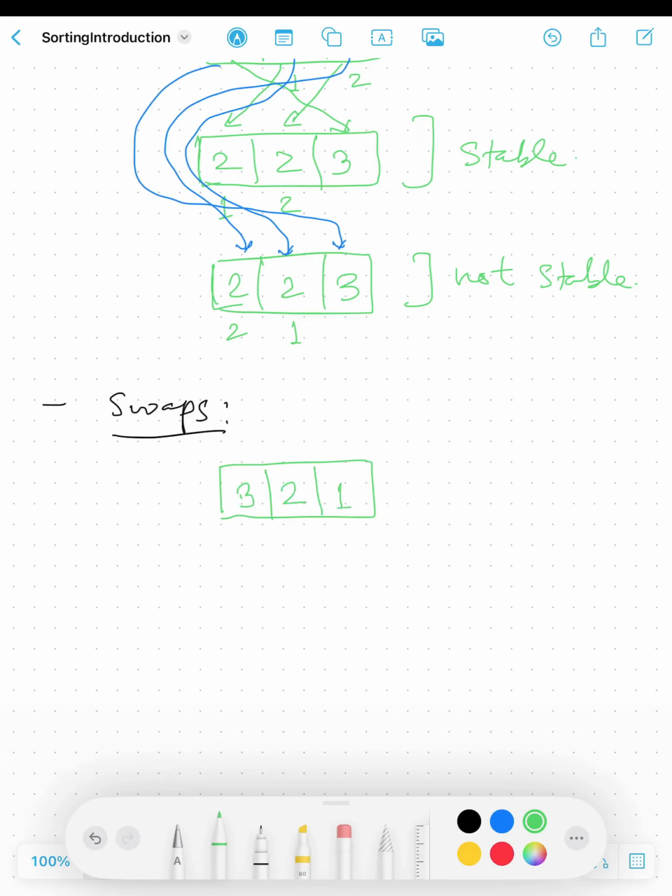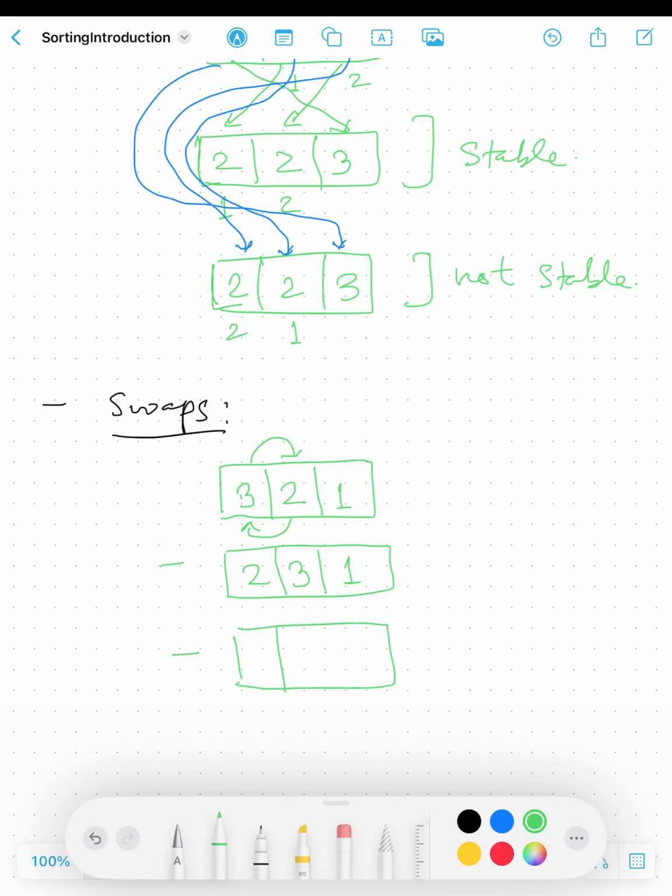So let's say we want to sort the values in the same array. For the first iteration, let's say what we do is this. So what we did is we swapped 2 and 3.